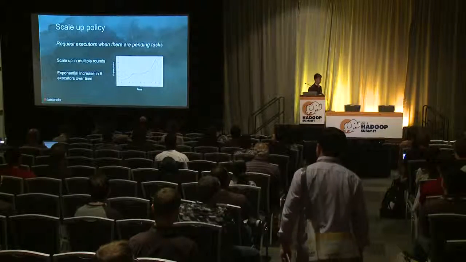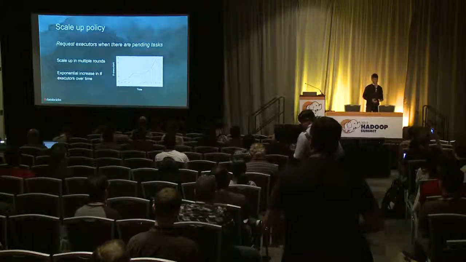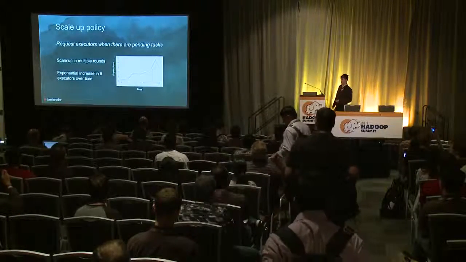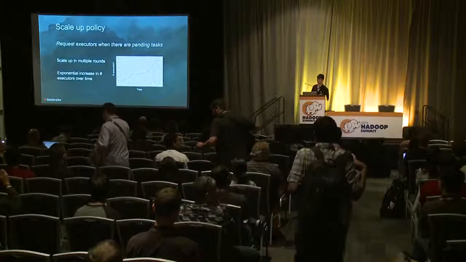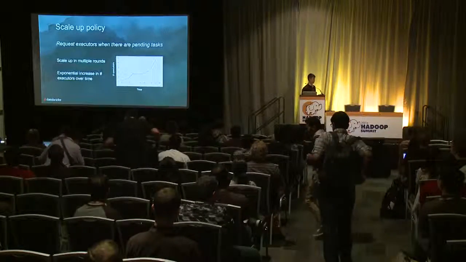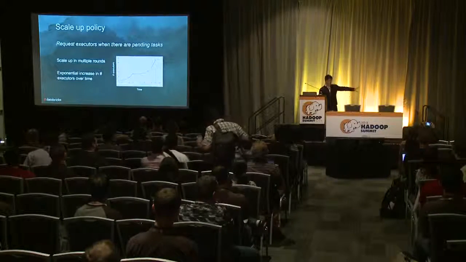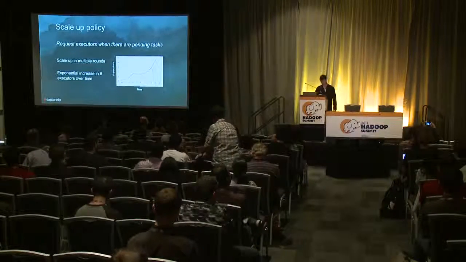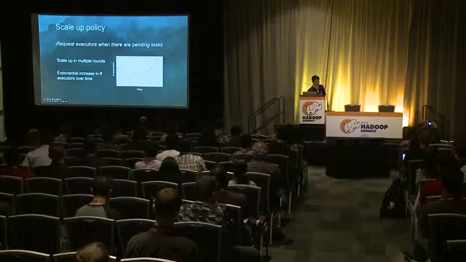In more detail, we ask for executors like this. Every, say, n seconds, we ask for more executors, and so we don't just ask for executors all at once. And the number of executors exponentially increases over time. So it looks something like the graph on the right. You'll notice that there's a little flat region in the middle between time 3 to 5.